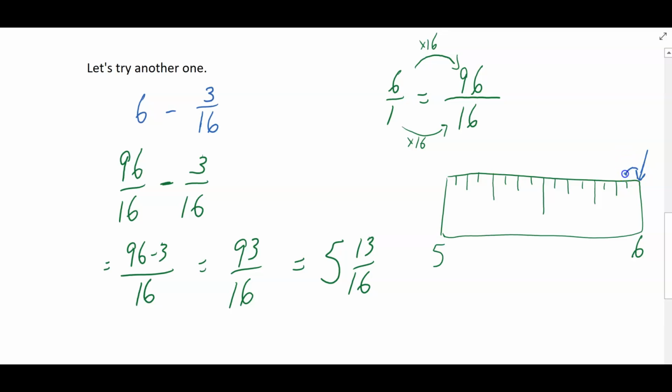We're going back 1, 2, 3 to here, and there. So this is 5, and we would count 1, 2, 3, 4, 5, 6, 7, 8, 9, 10, 11, 12, 13. Okay? As you get used to it, you will see that if you're going to count the 16ths, the largest marker is half of 16. That's 8/16. So I don't have to count them all every single time. It's really good if you can just get used to this.